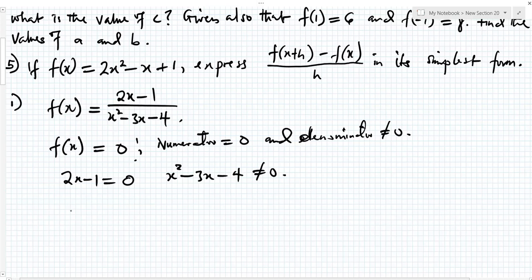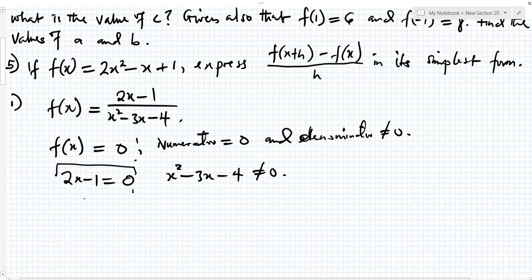So the zeros of this function will not be at this condition. So at the condition where the numerator is equal to 0 is the zeros of this function.